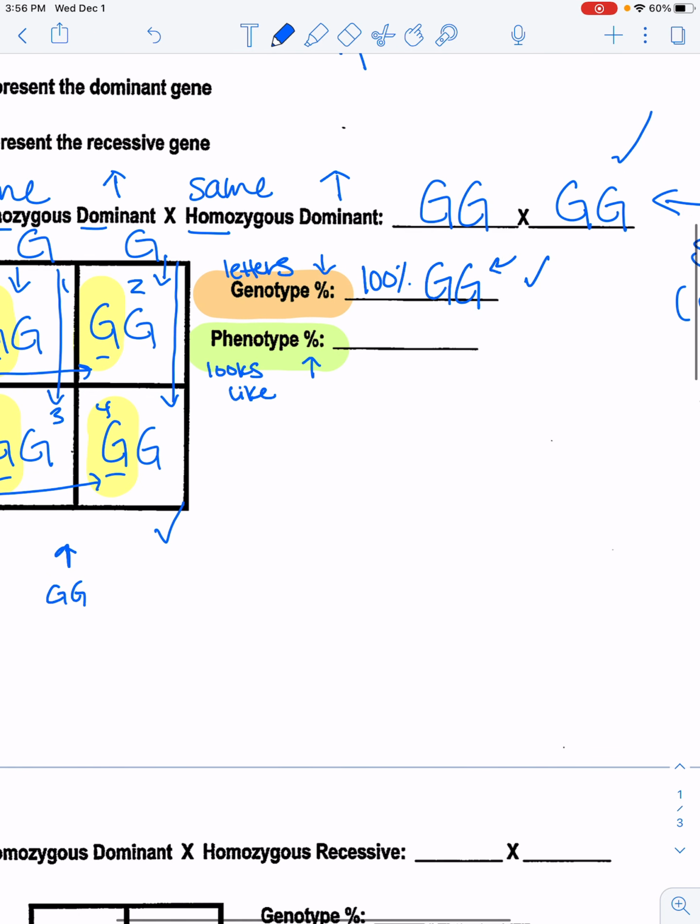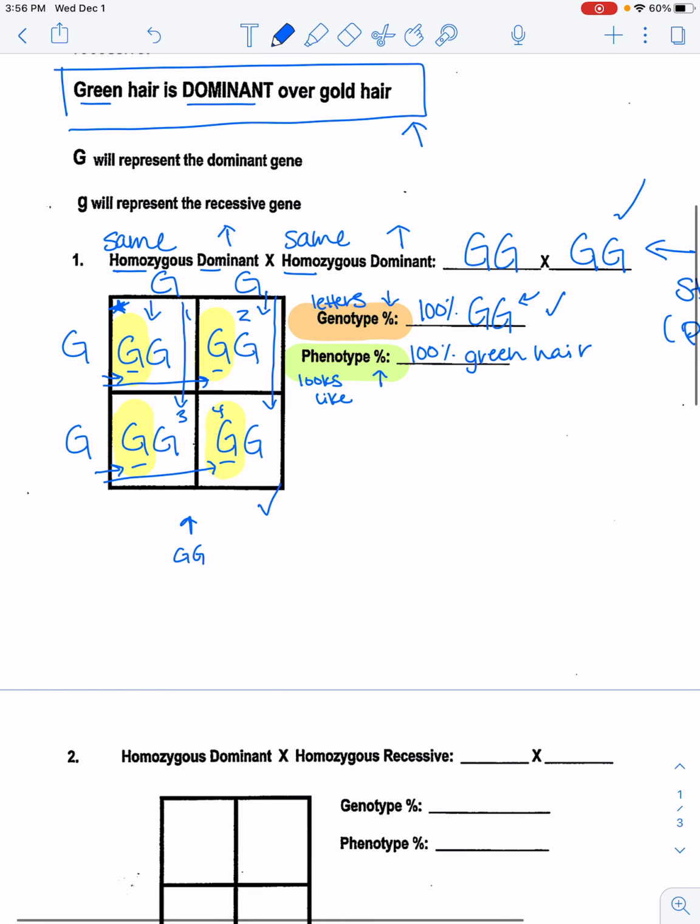So 4 out of 4, or 100%, are going to have green hair. So this means that if these two homozygous dominant parents were to have offspring, 100% of them would have green hair. So this is how we use the Punnett square to make predictions. Again, this genotype adds up to 100 and the phenotype adds up to 100. You know you are done.